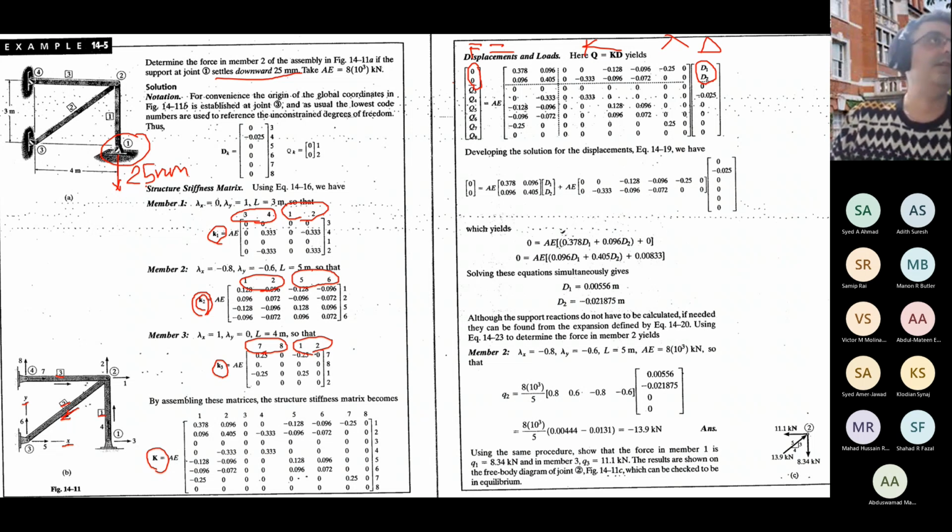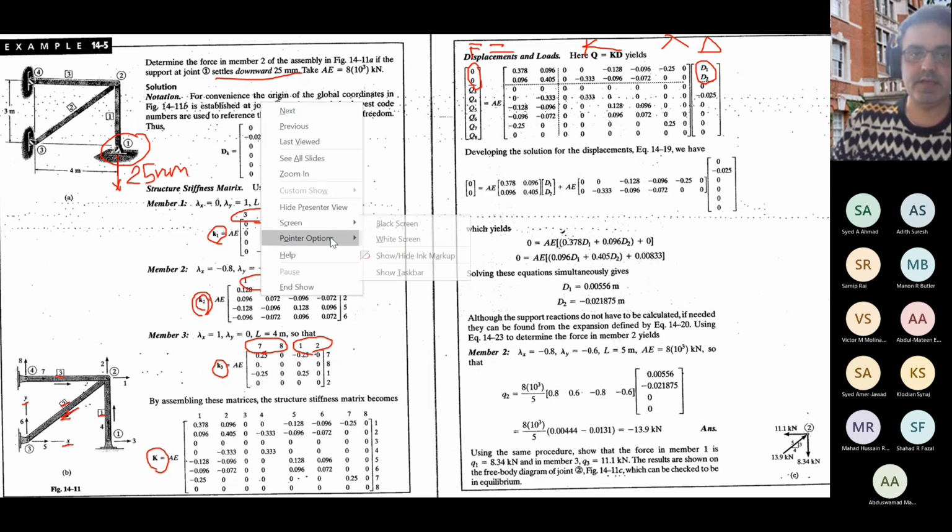However, in any example where you had a support settlement and also some external forces on joint number 2, it's fine to put those forces into these two places, and they will add up with the effect of the support settlements as well.